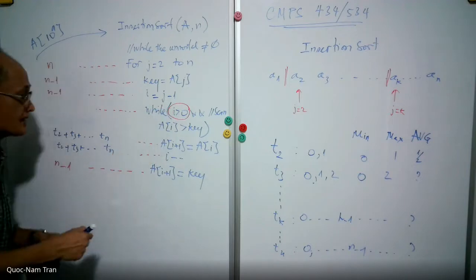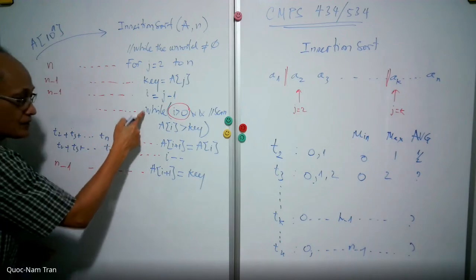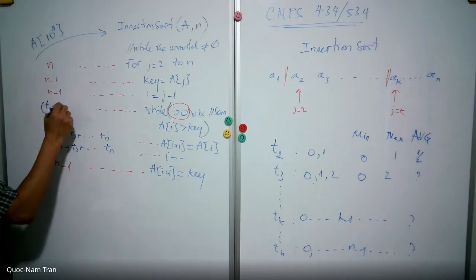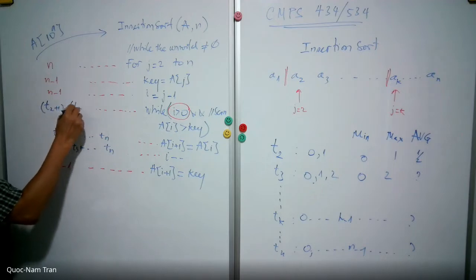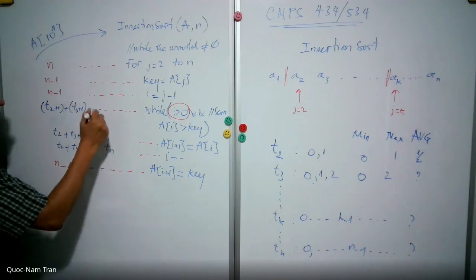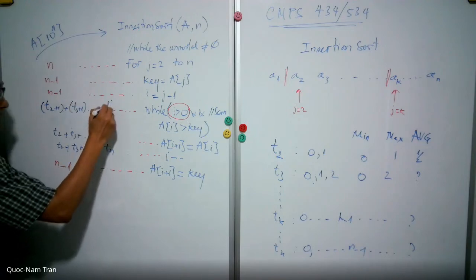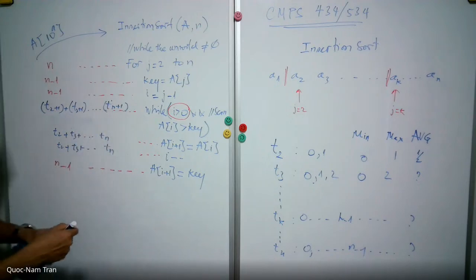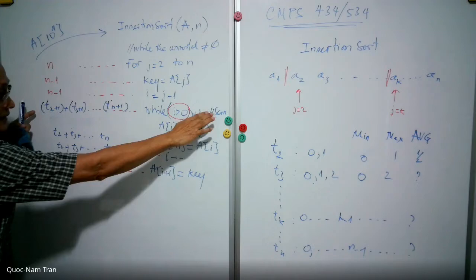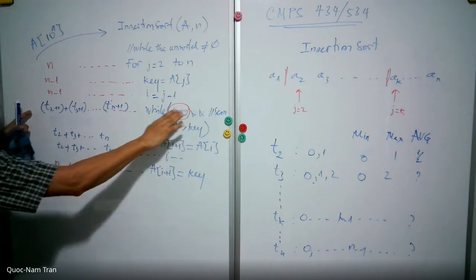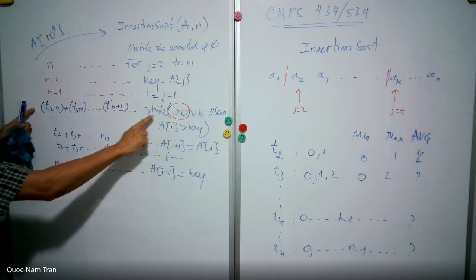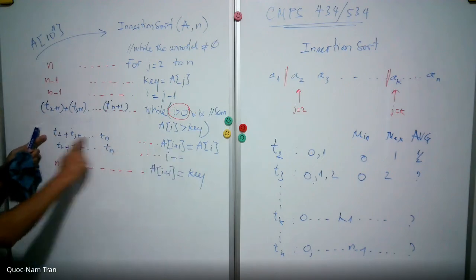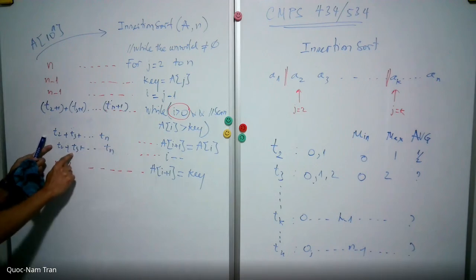So the number of steps for this while loop will be T2 plus 1, plus T3 plus 1, and then Tn plus 1, right? Okay, so that is how many times the while loop statement will be executed. This statement is here, this statement is here, right?